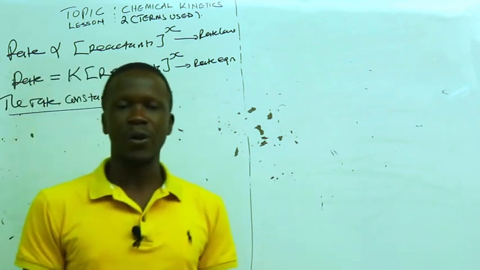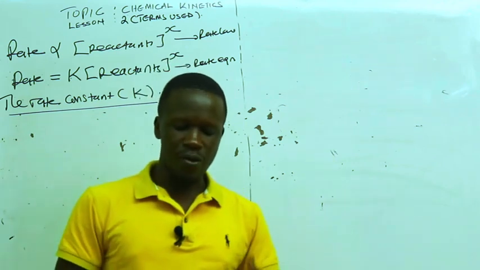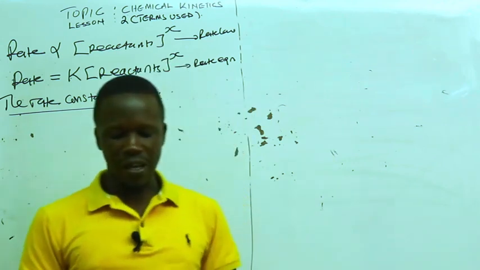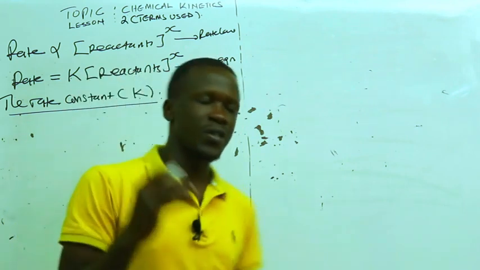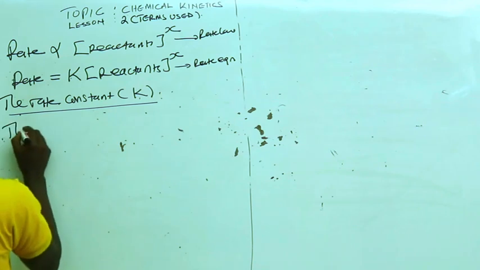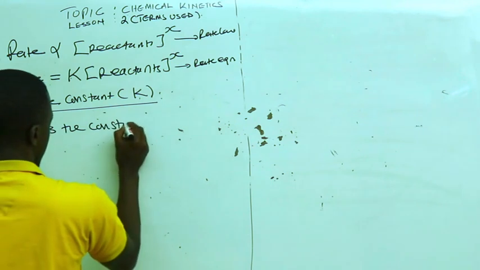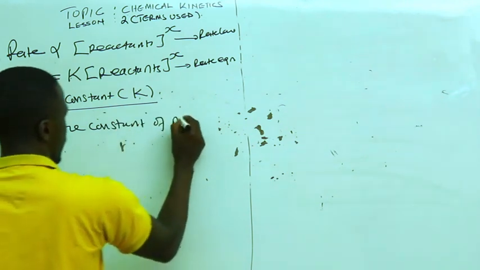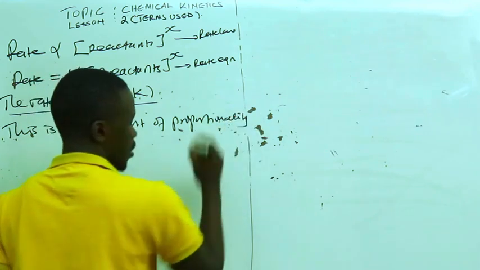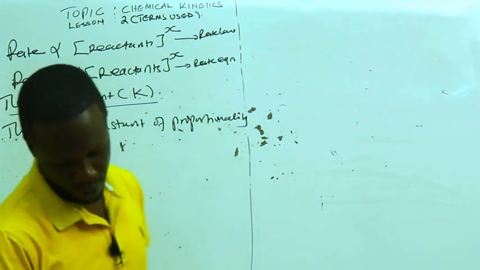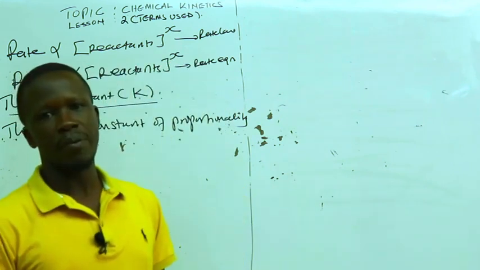That is simply what we mean by the rate constant. So if you are asked to define the rate constant, then we shall say that this is the constant of proportionality in an experimentally determined equation.